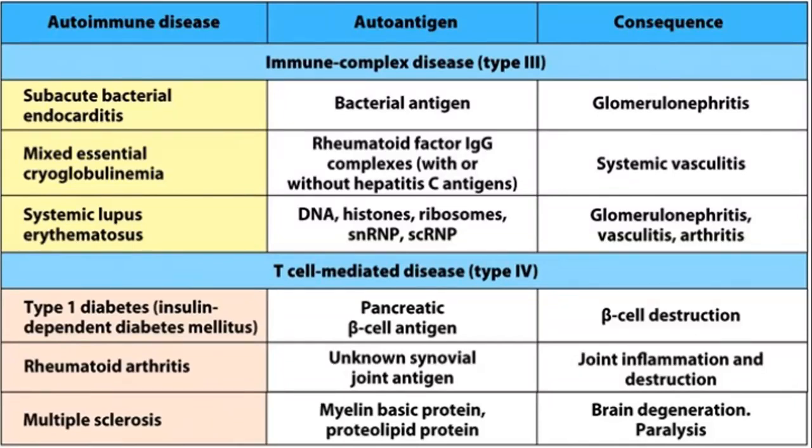So we have antibodies against DNA, histones, ribosomes, snRNP and scRNP. Actually, many antibodies.